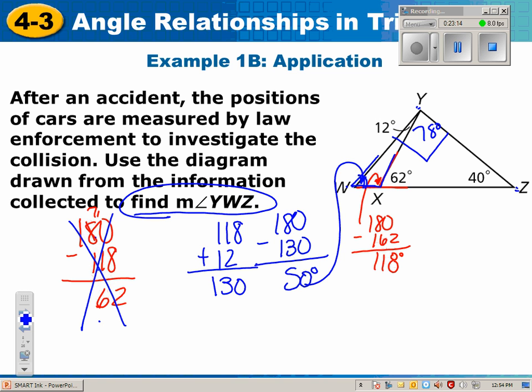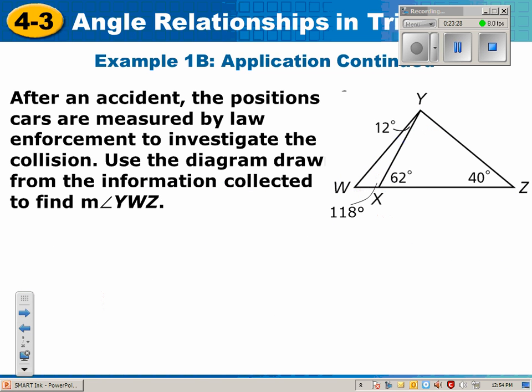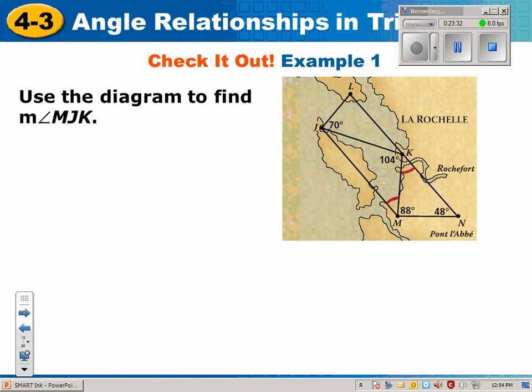All right. Go over to the back page and see if you can figure out the measure of angle MJK. And if you're having trouble seeing it on your paper, it might help to look up here on the board.